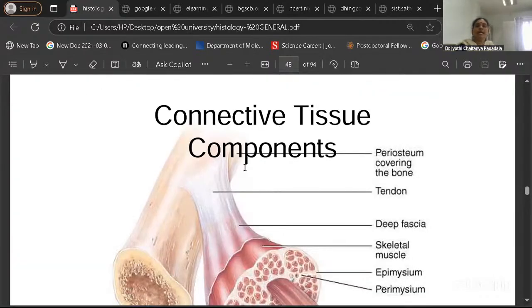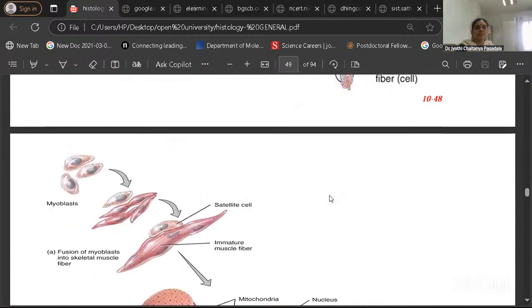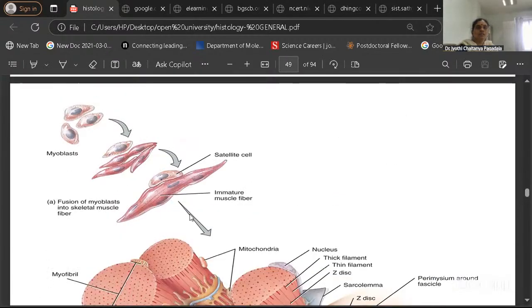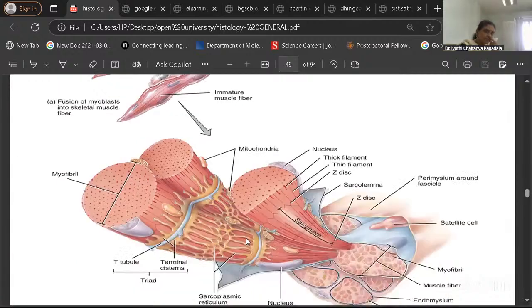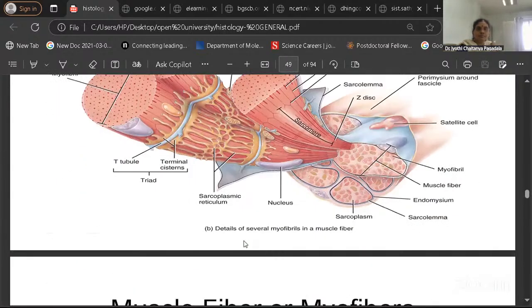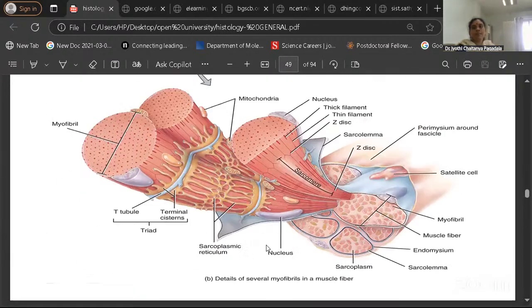When coming to the connective tissue components, in the last picture also we have seen this structure. Here you can see the structure of myoblast and satellite cell. These are the myofibrils in the muscle fiber.